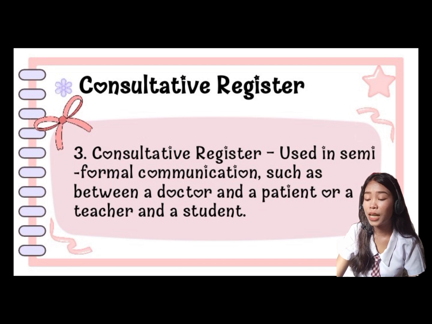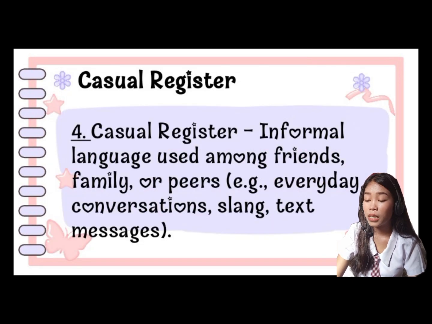We have here the casual register. It's an informal style of communication used among friends, family, or people of the same social group. It is relaxed, spontaneous, and often includes slang, contractions, and personal expressions.